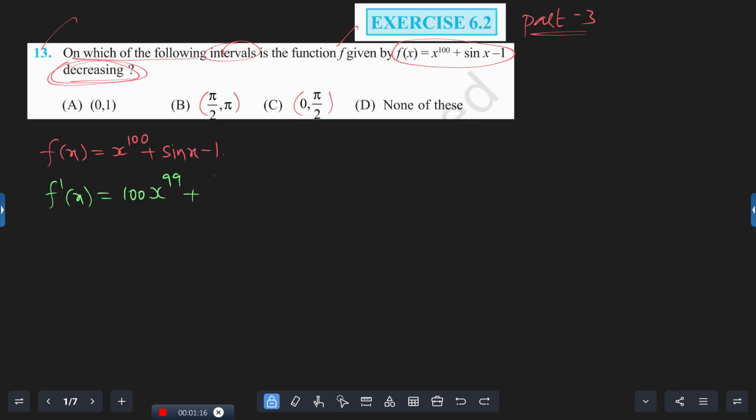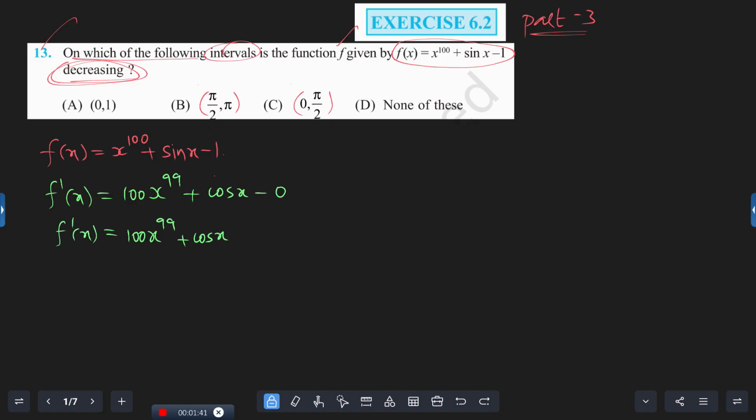Plus derivative of sin x is cos x. Derivative of x is 1, derivative of minus 1 is 0. So f dash of x is equal to 100 x power 99 plus cos x.